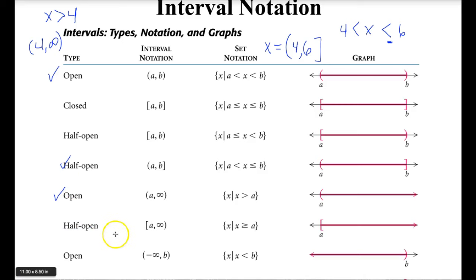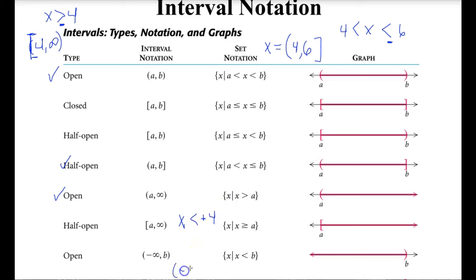Now, of course, with the half open interval, if we wanted this to be all values of x greater than or equal to 4, then we would have it like this, and now our parenthesis would turn into a bracket. And then for the last example here, this would be something like x is less than, let's say, positive 4.